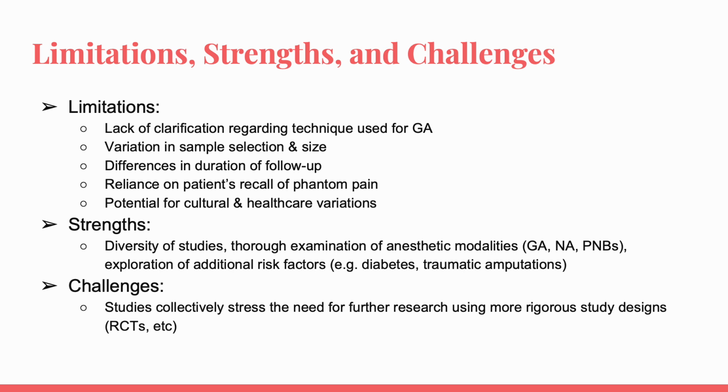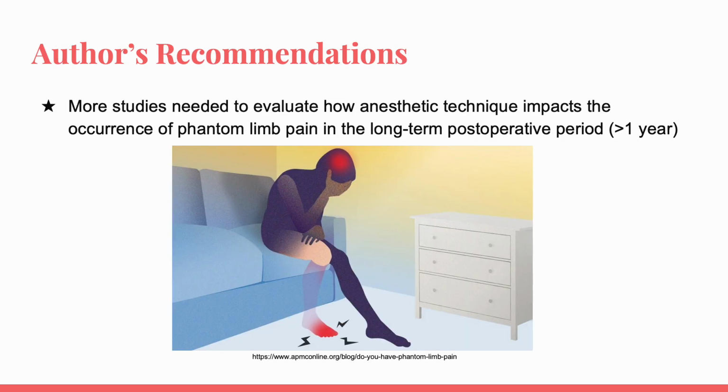Challenges include that studies collectively stress the need for further research using more rigorous study designs, such as randomized controlled trials and cohort studies. Authors' recommendations. Overall, these studies demonstrated neuraxial anesthesia and peripheral nerve blocks resulted in better outcomes over general anesthesia for managing immediate post-op pain.